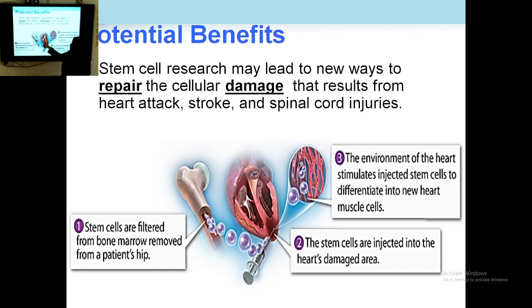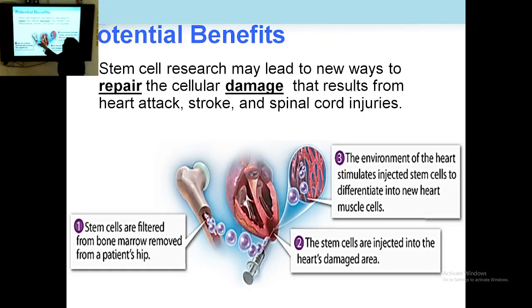We can take the stem cells from the bone marrow and grow these cells, and then the stem cells are injected into the heart muscle that is already damaged, and the environment of the heart stimulates the injected stem cells to differentiate into new muscle cells, specific cardiac muscle cells, okay?